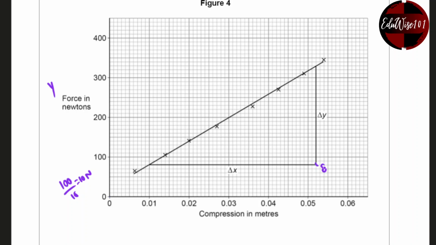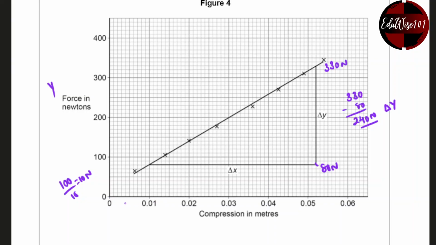That means it's 80 newtons. And this is 330 newtons. So 330 minus 80 will give me 240 newtons. That's my delta y.